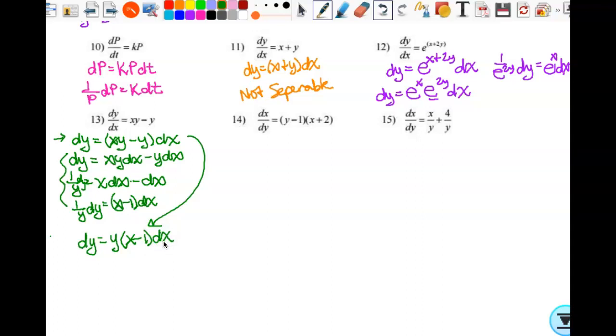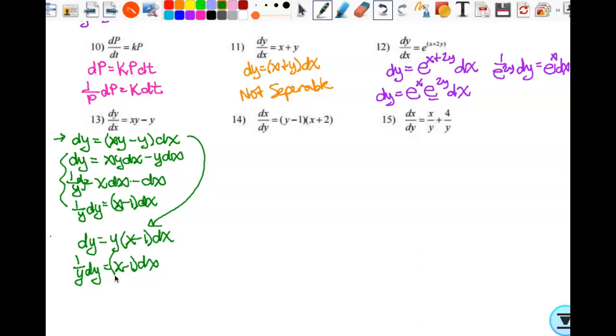See, I just factored out my GCF there? Then, once I have it factored out, then I can divide by y, and I get 1 over y dy equals x minus 1 dx, and it saved me a bunch of steps, okay? So my suggestion would be let's try and not distribute.